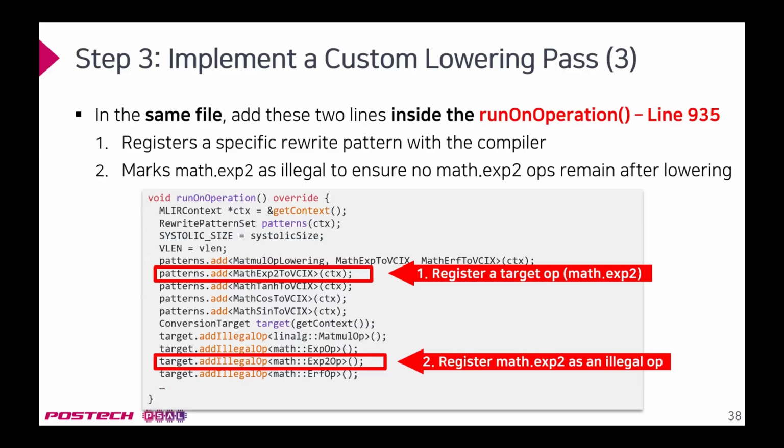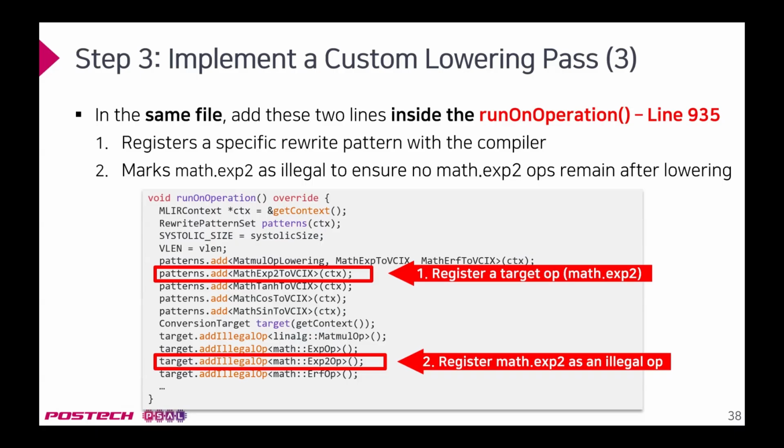This tells the compiler to use our specific logic whenever it encounters a mass exponent 2 operation. And also, we need to mark exponent 2 as an illegal operation within the conversion target. By doing this, we ensure that the compiler's verification stage will flag an error if any exponent 2 operation remains after this lowering process.